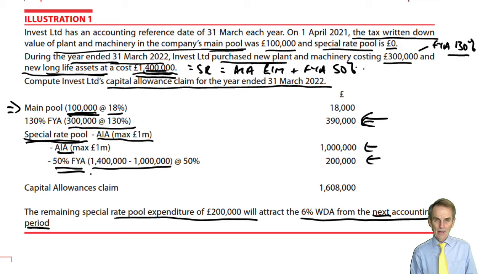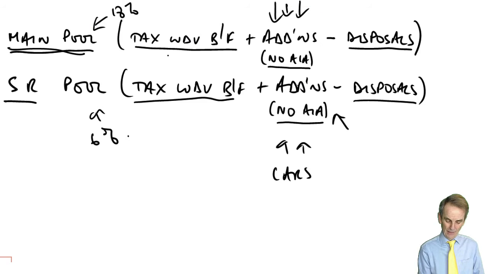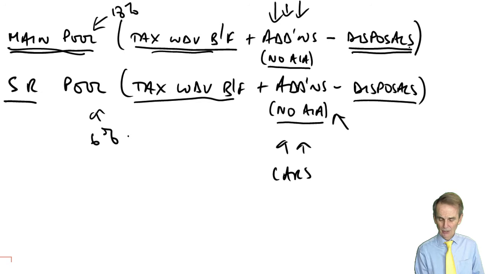But if we had to deal with a main pool or a special rate pool balance brought forward, then we'd be doing workings that weren't as simple as that one, 100,000 at 18%. It would be the 100,000 plus any additions of the lower emission cars minus the sales proceeds on your disposals there.